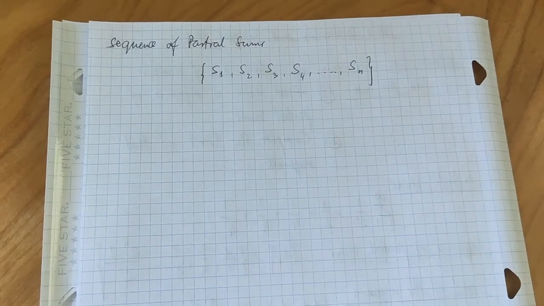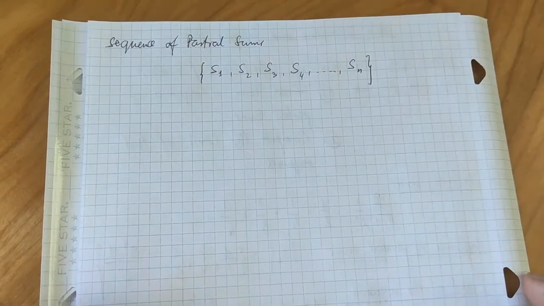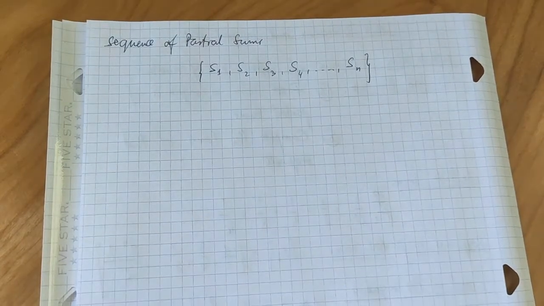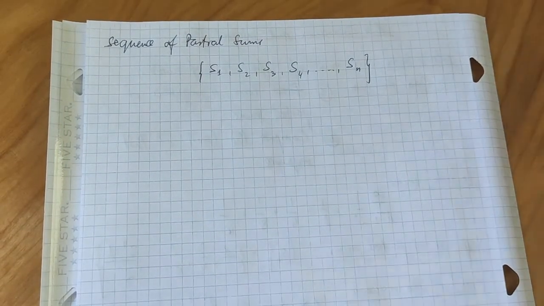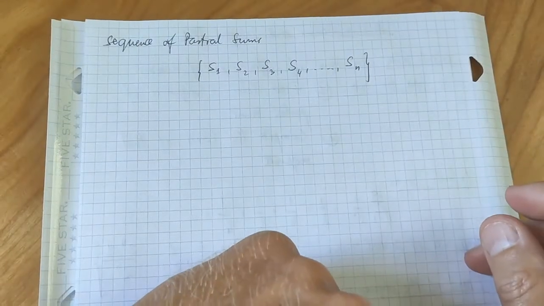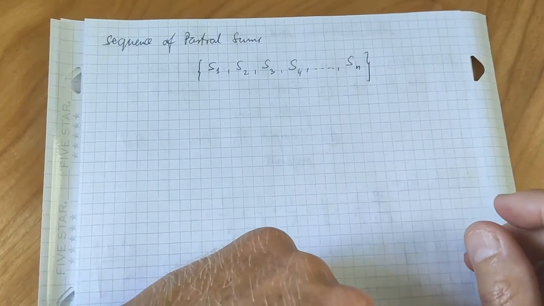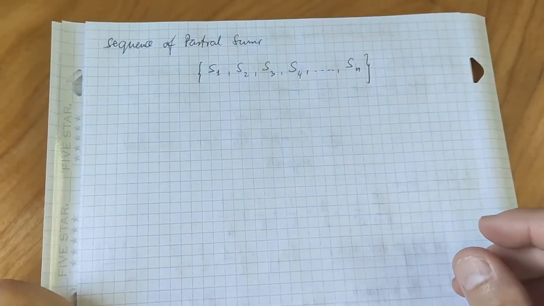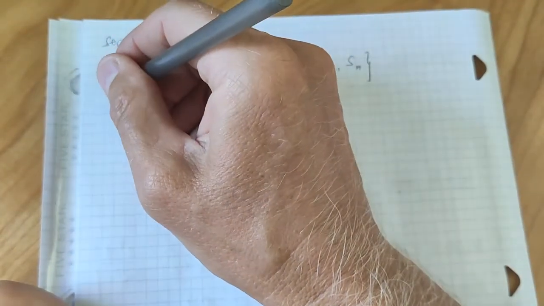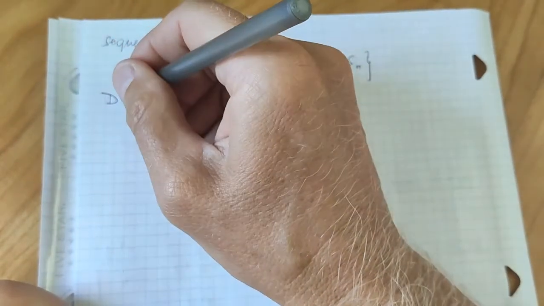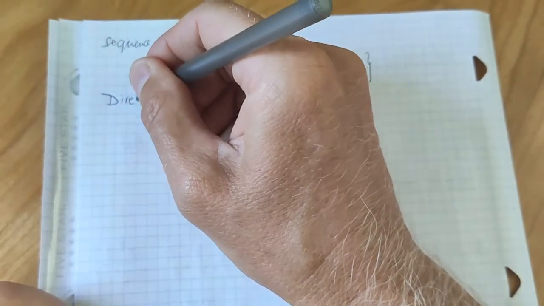The main point of this lecture is to figure out, given a series, whether the series converges or diverges. We look at a couple of ways of determining that. The first one is the divergence test.